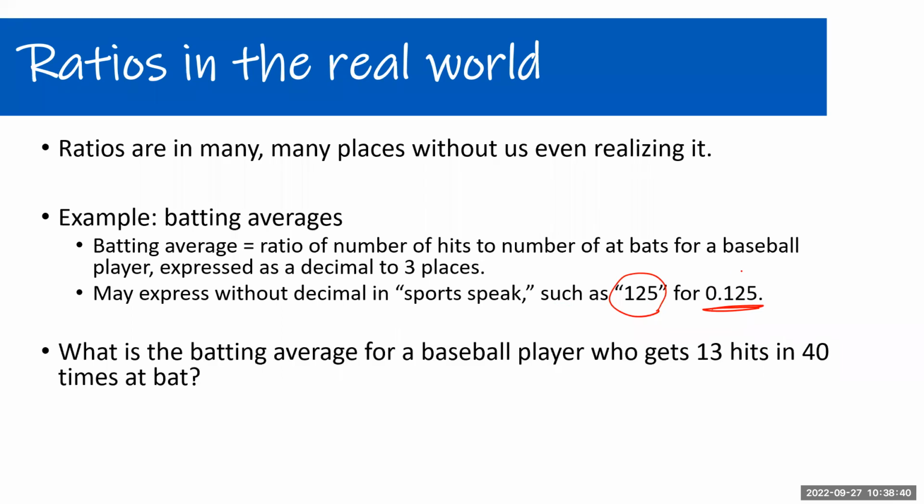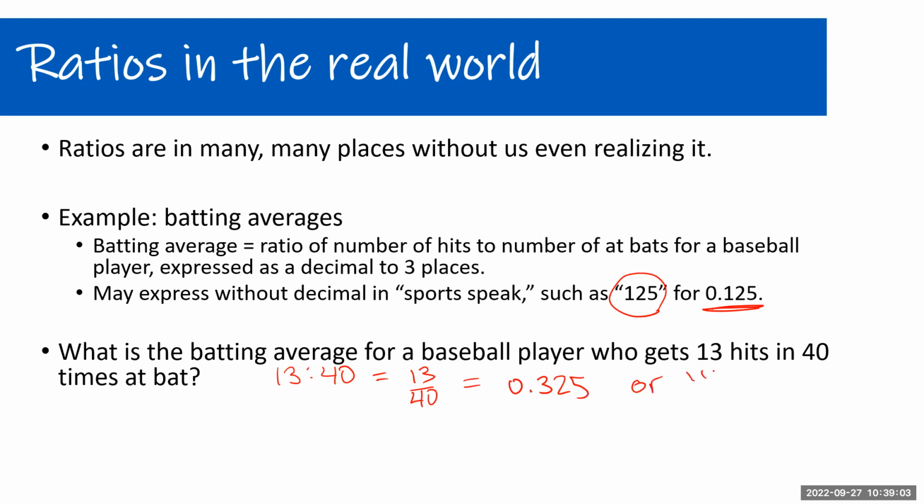For example, what is the batting average for a baseball player who gets 13 hits and 40 times at bat? So our basic ratio is 13 to 40, which as a fraction is just 13 over 40, so remember it's numerator to denominator. And if we plug that into our calculator, we'll get that this is 0.325, and that's totally correct.